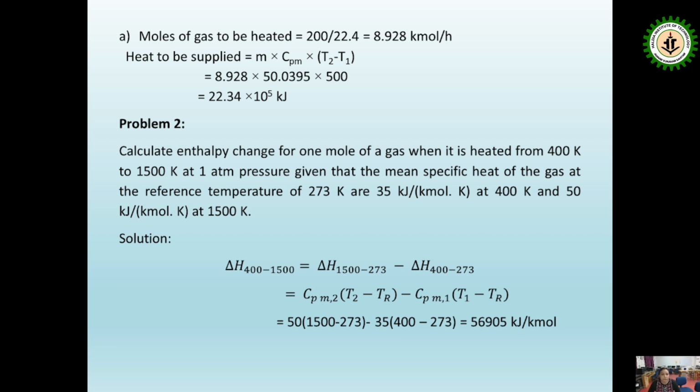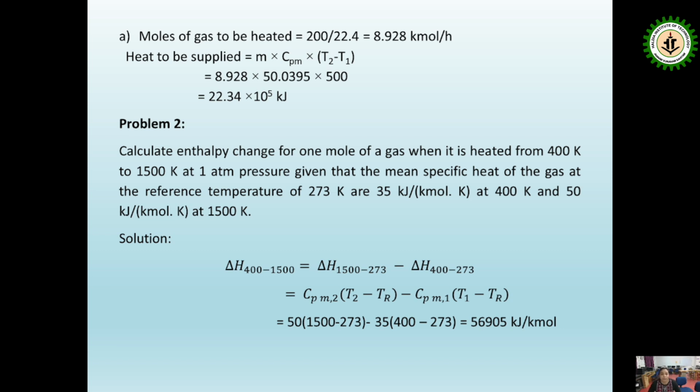So the amount of heat or enthalpy change, delta H 400 to 1500 Kelvin, is obtained by taking the difference between the two enthalpies, the lower temperature with respect to reference temperature and the higher temperature with respect to reference temperature.